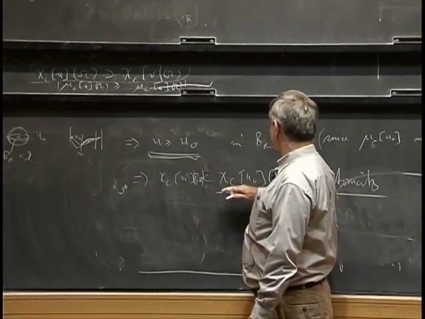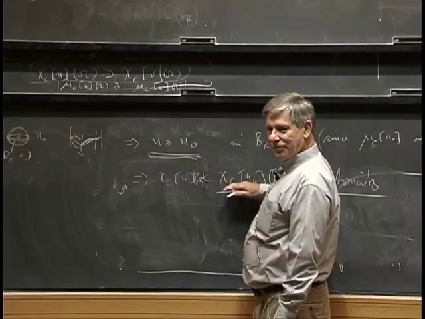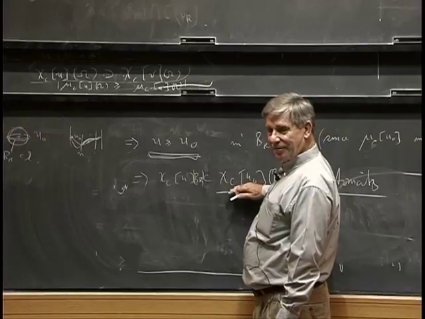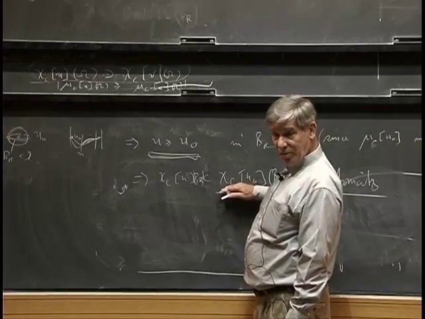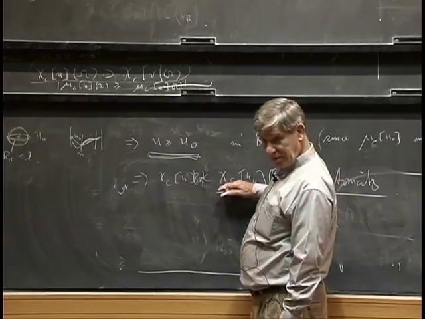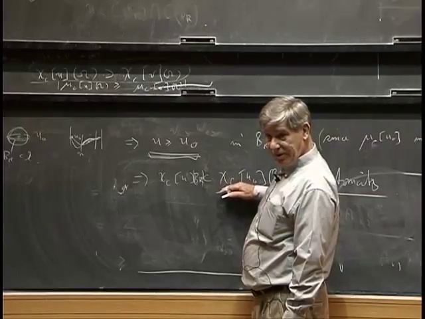Fine. Now, all I have to do is show that this doesn't go outside omega star, then my Dirichlet problem is well posed. That I control that G away from 0.